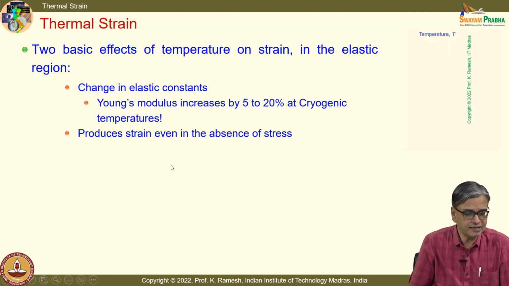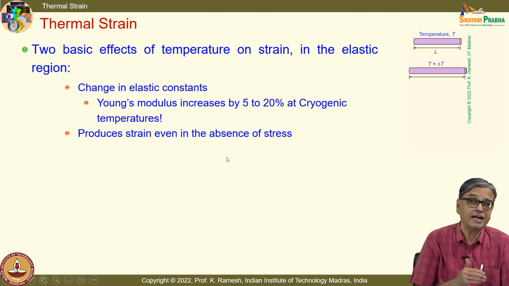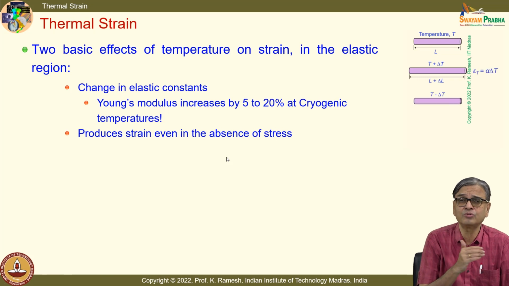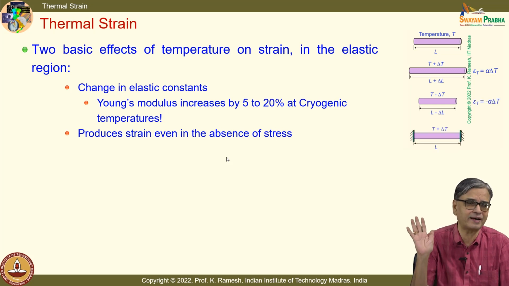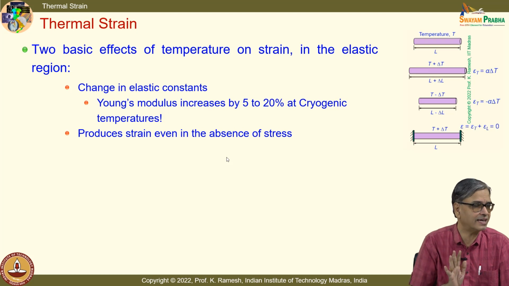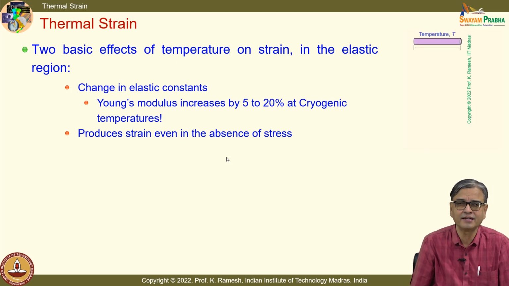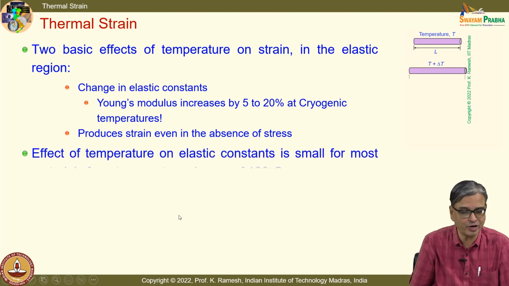And the other important aspect that we have seen is that temperature produces strain even in the absence of stress, and that is used to mitigate when you design a structure: when you recognize that thermal strains are introduced, allow it to expand, do not constrain it. That is one of the ways to mitigate the effect of temperature change, that is very well exploited in engineering.